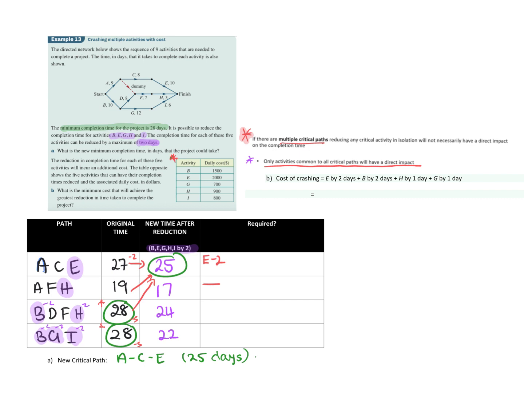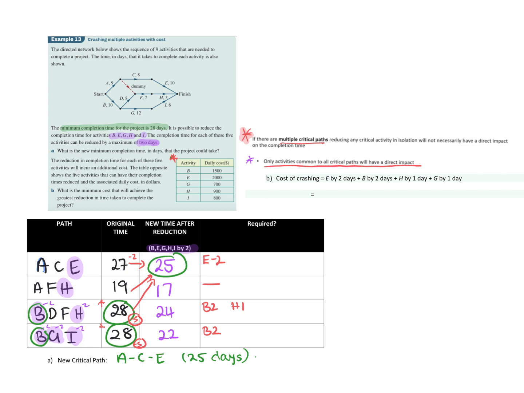So what's common to both of them? B. So we are going to use B when we're trying to get them down to 25. So B we can reduce by 2, so we'll use 2 of B's there. Okay, so if we've done that, they actually need to be reduced by 3, so we've got to pick another activity. So in the third one, there's only H I can do. So I'm going to do 1 H there, yeah?